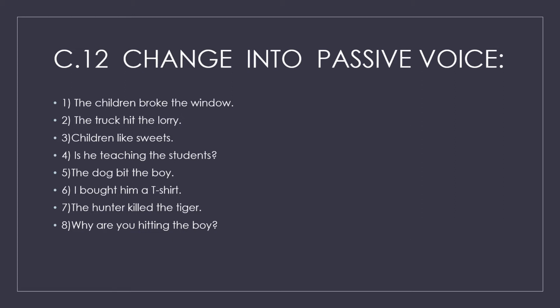The first one, the children broke the window. Now the focus is on the children. In passive voice, the focus should shift to the receiver of the action, and that is the window. So how will you frame your sentence? The window was broken by the children.